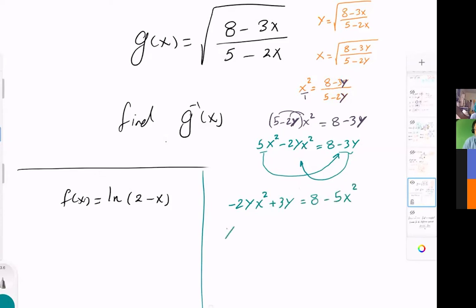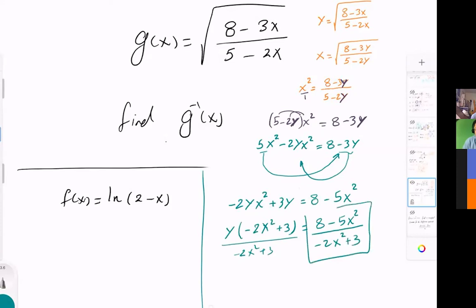I'm going to factor the y: y times negative 2x squared plus 3 equals 8 minus 5x squared. You divide. This will be your inverse.